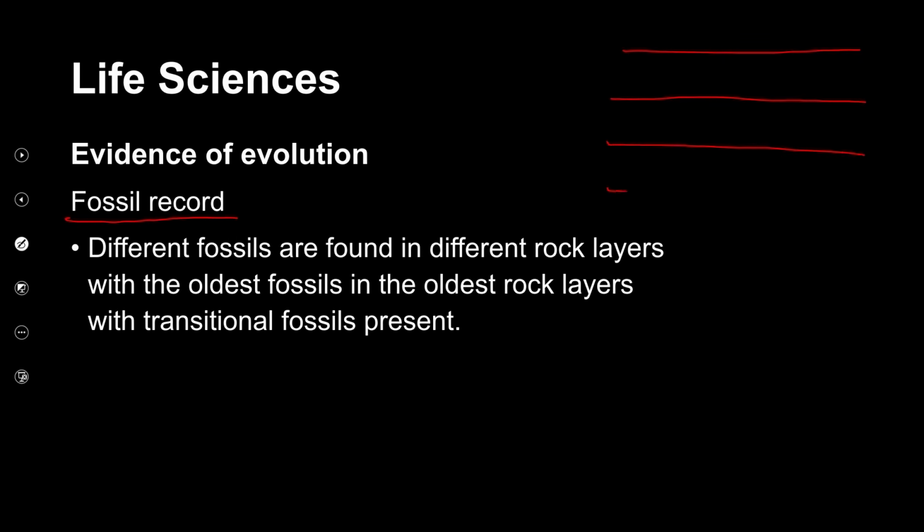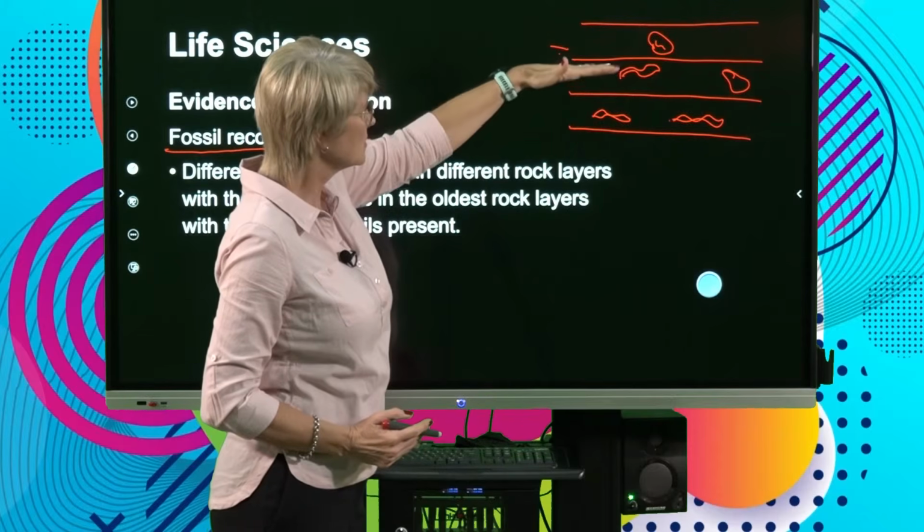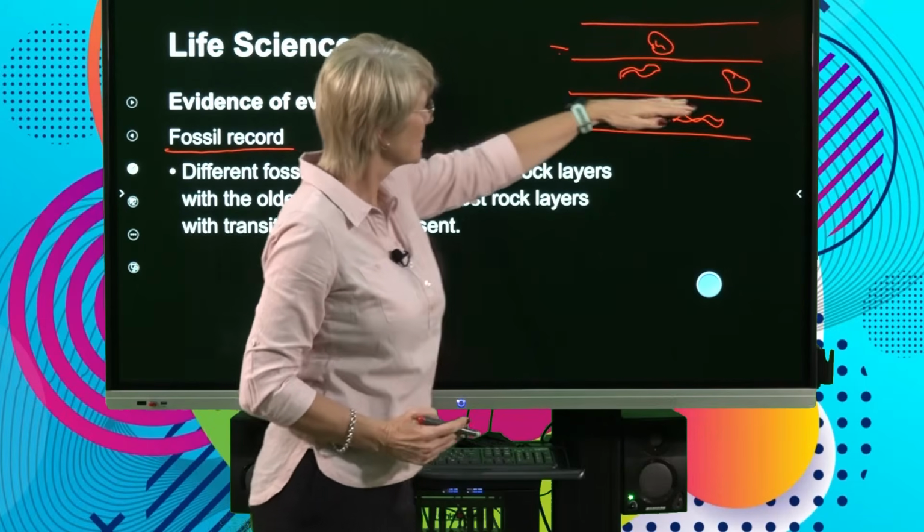If you remember, we have stratified rock, which means that there are various layers. We might find some kind of fossil organism here, and then something else here, and something else here. So we find various fossils in the various layers. When fossils are formed, layers of sand or sediment are deposited on top of the organism's body.